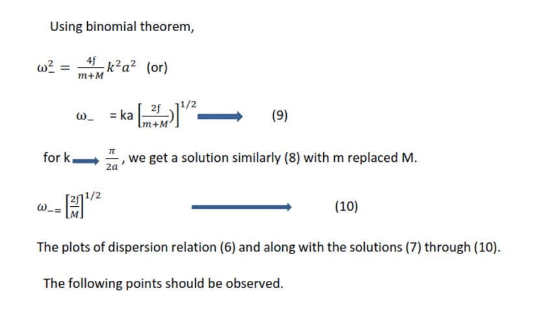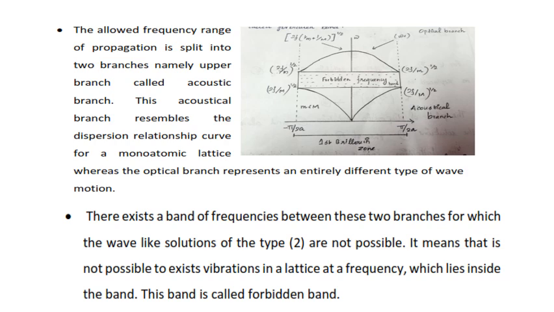Now when you draw a graph, you will get like this. 2f by small m whole power half, and this is 2f by capital M whole power half, for k equal to 0, and this is k equal to pi by 2a and this is k equal to minus pi by 2a.